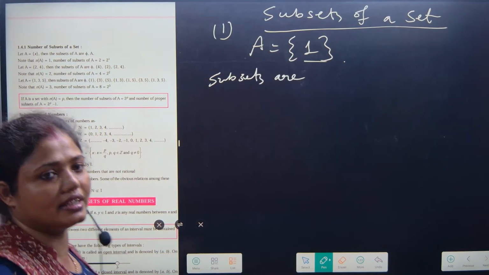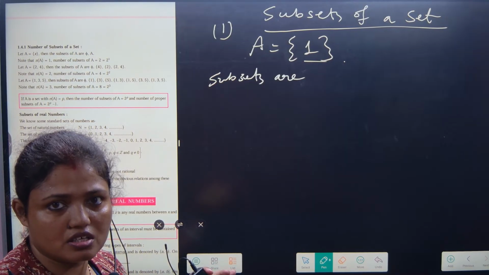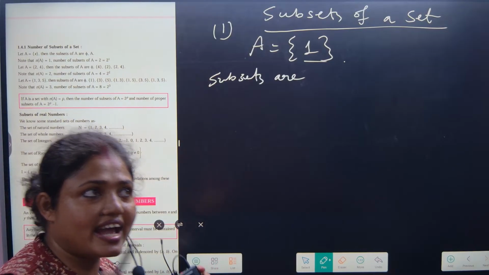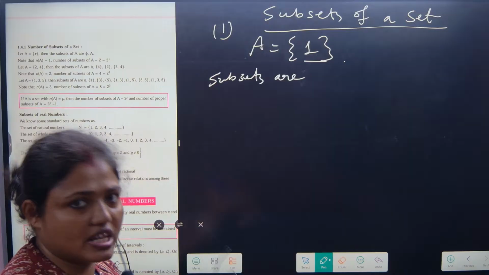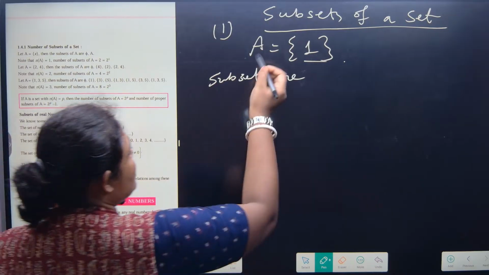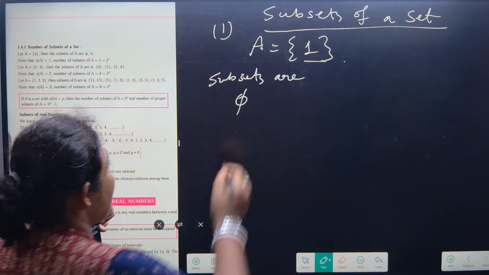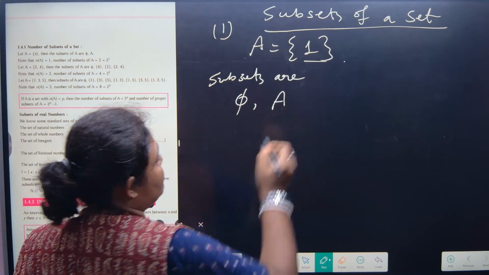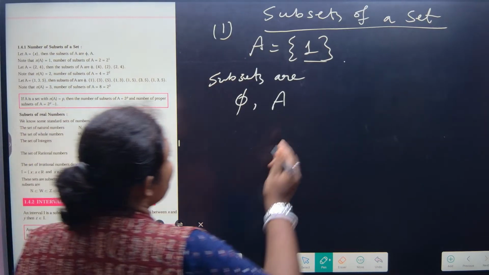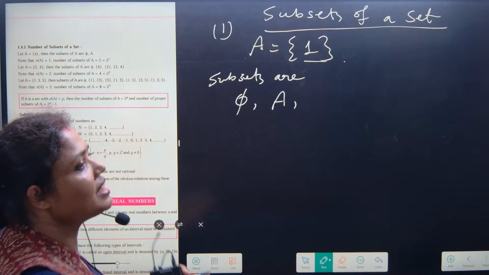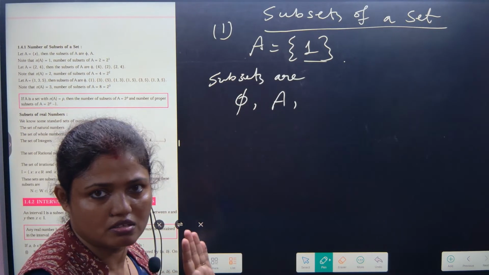I have told earlier, phi is a subset of all sets, and the set itself is a subset of the set itself. So the first subset is phi and the set itself. Find any other elements whether we can make a subset.